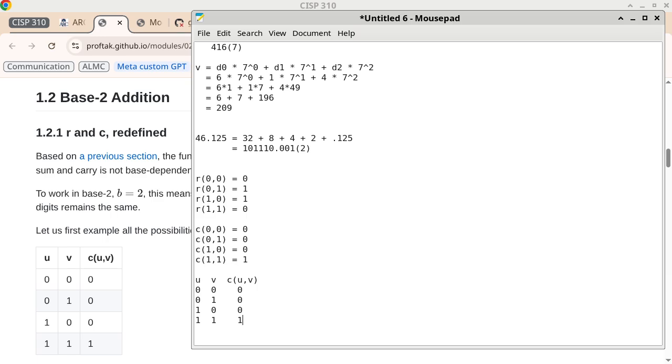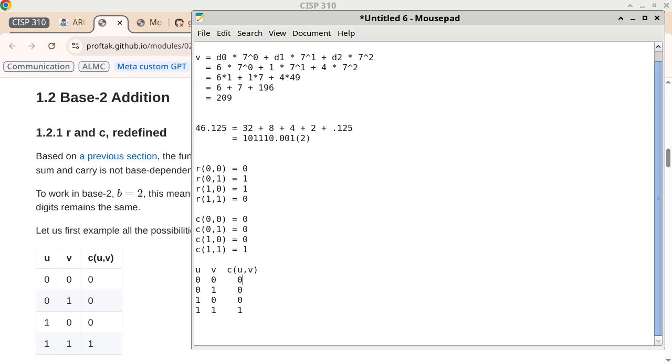Oh, okay. Let's double check that. What if I were to perform just a simple u ampersand v? 0 and 0 is a 0, 0 and 1 is a 0, 1 and 0 is a 0, and 1 and 1 is a 1.